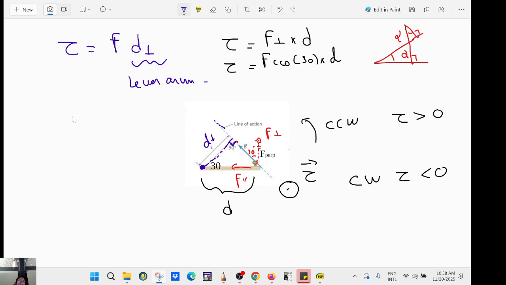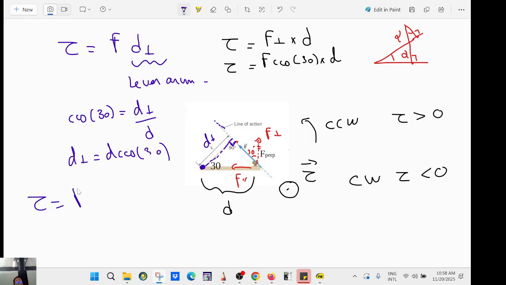And if you do this one, you see that cosine 30 equals adjacent over hypotenuse. So the lever arm equals d cosine 30. So the torque will be F d cosine 30. And you get the same thing. So it depends on the problem. Easier will be to find a perpendicular, but we're going to see a typical problem of static equilibrium, where sometimes it's easier to find the lever arm.